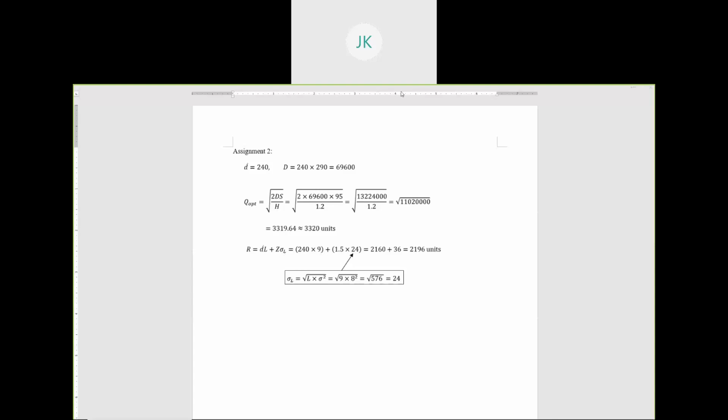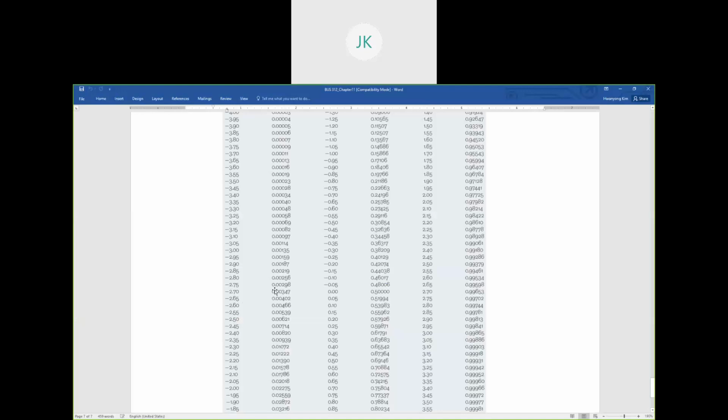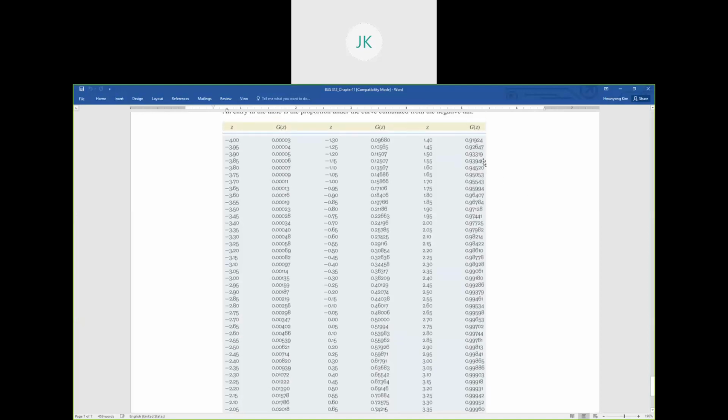Z-score is about service rate, the desired service probability, that is 93%. 93% is 0.93. 0.93 is between this one and this one, 0.92647 and 0.93319. 0.93 is closer to this one, so take this z-score of 1.5.